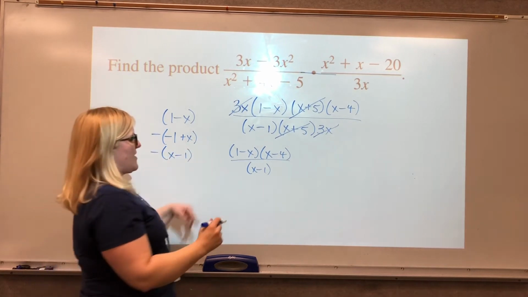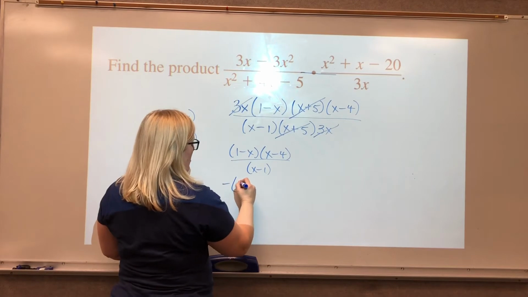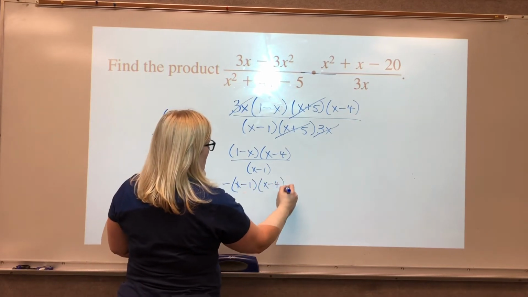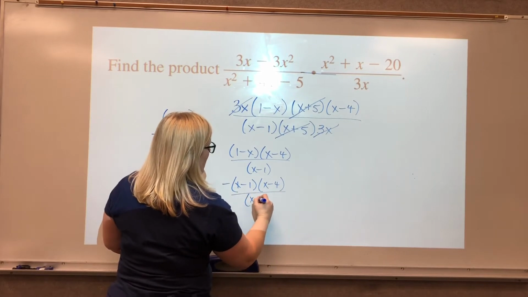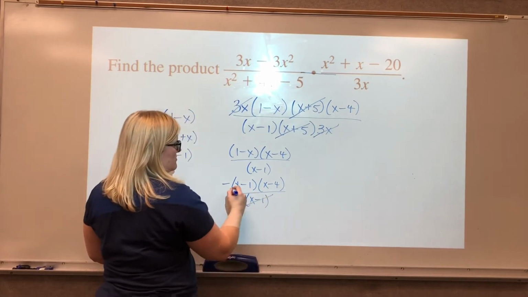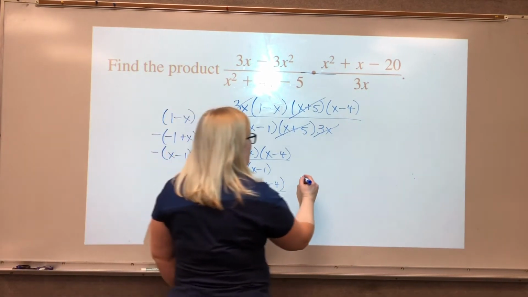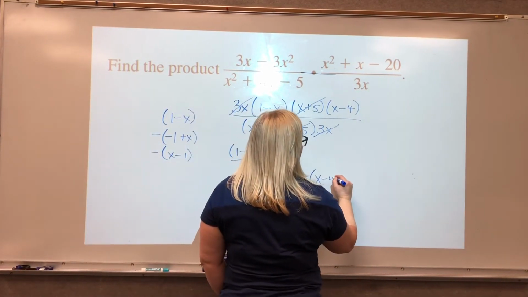So I can rewrite this as negative x minus 1 times x minus 4 over x minus 1. And now I can cancel. So I'm left with negative x minus 4.